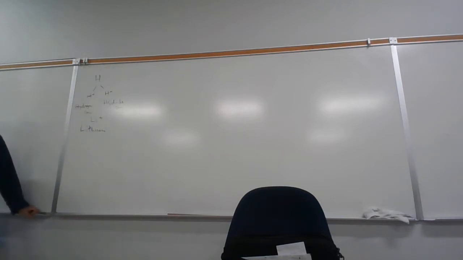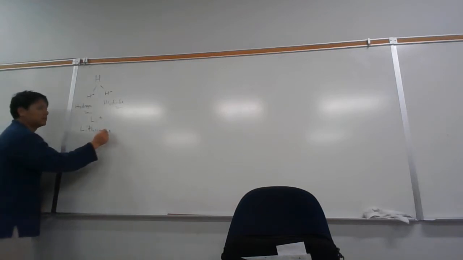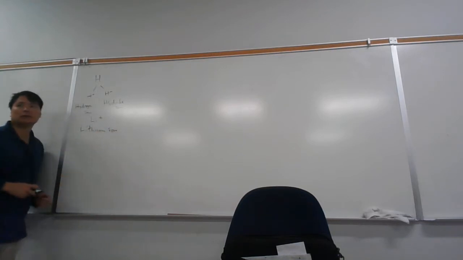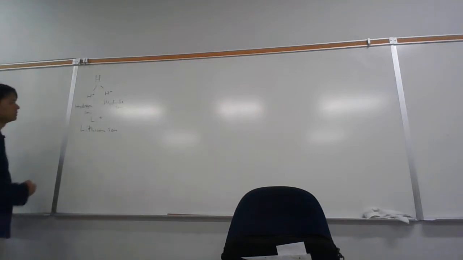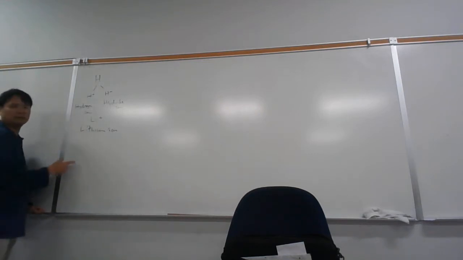Lithium metal has no charge, so we call this the lithium ion. If you want to be more specific, it'd be called the cation, C-A-T-I-O-N. Cations are positively charged. Anions, A-N-I-O-N, would be negatively charged. So we have lithium ion.